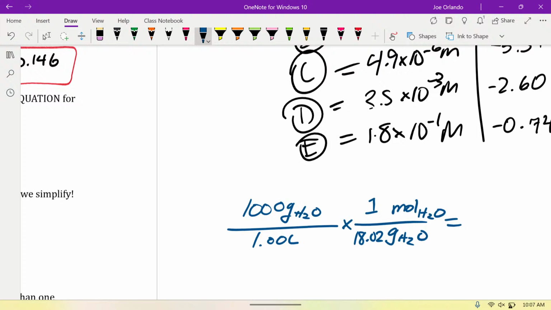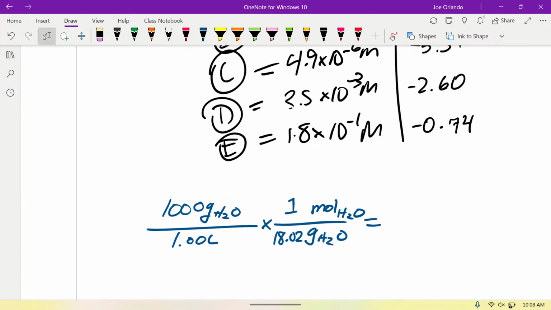Somebody do that on the calculator? What do we get? 1,000 divided by 18. It's roughly 1,000 divided by 20, so it's going to be 50, but bigger. So how much? 55.5. Okay. Yeah, so this is roughly the concentration of room temperature water, right? Because room temperature water weighs 1,000.